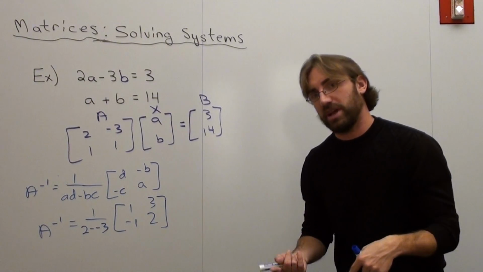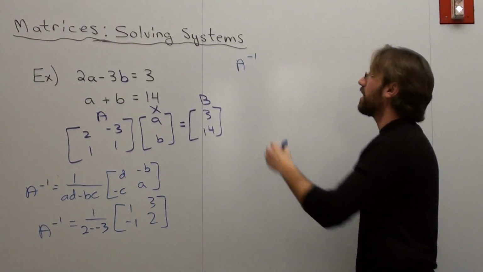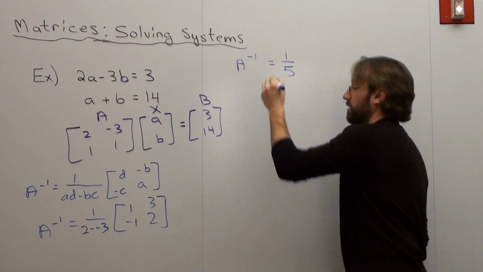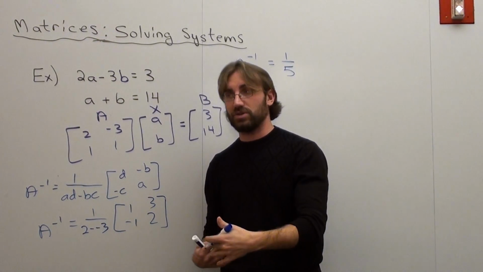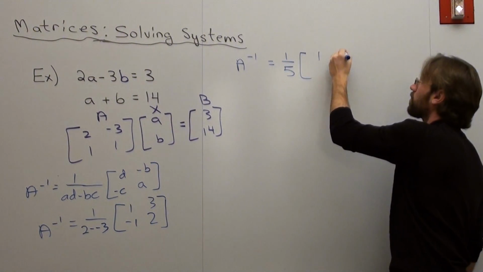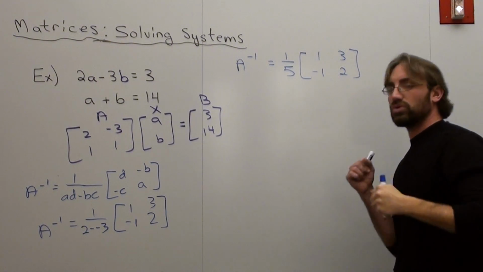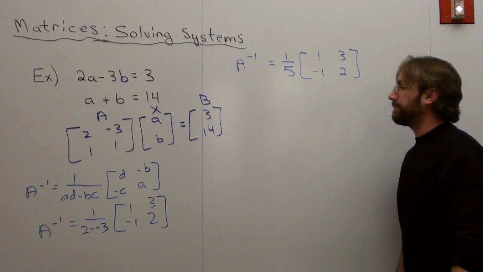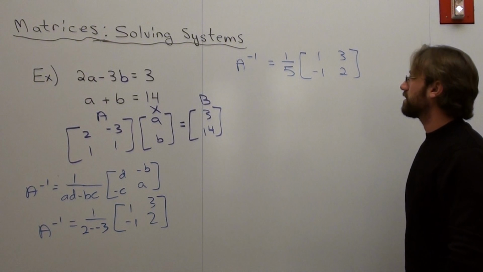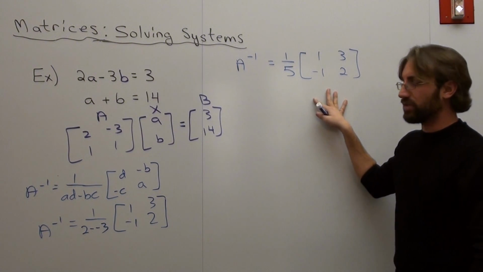We didn't actually finish our inverse matrix yet. That's 1/5, because 2 minus -3 is 2 plus 3, which is 5, times 1, 3, -1, 2. Well, actually, that's our inverse matrix.